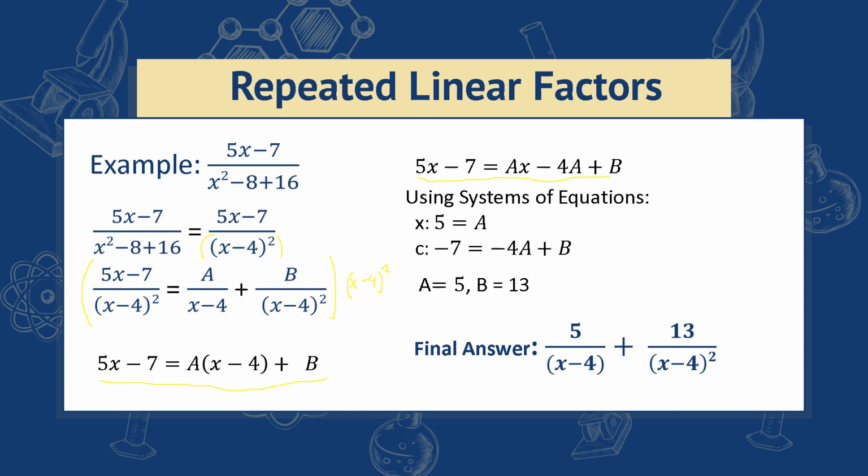So in our first case, we wanted to remove one of the letters in order to get the value of the other letter. But if you could see here in the first equation, the value of a is already given, which is equal to 5. So we could just plug in 5 here. It becomes negative 7 is equal to negative 4 times 5, which is negative 20, plus b.